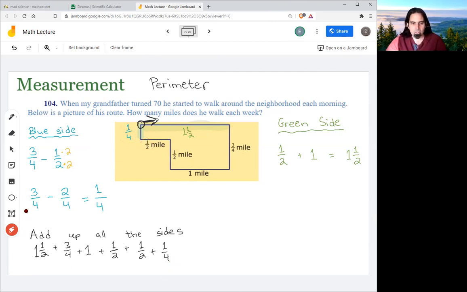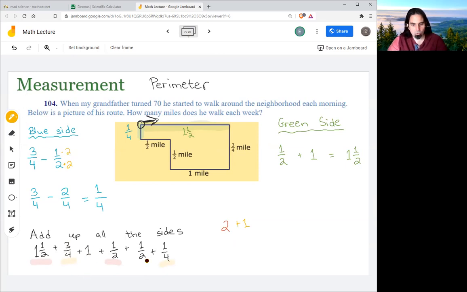So then I look at this and say, this one and this one make 2, right? 1.5 and another half. And this one and this one make a whole. If I have 3/4 and I put another 1/4 in, then that's 4/4.